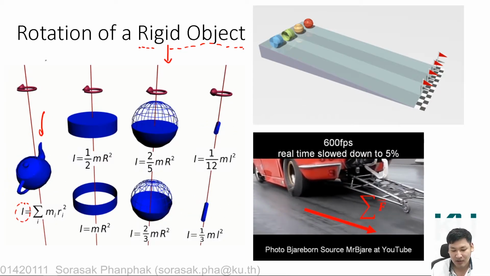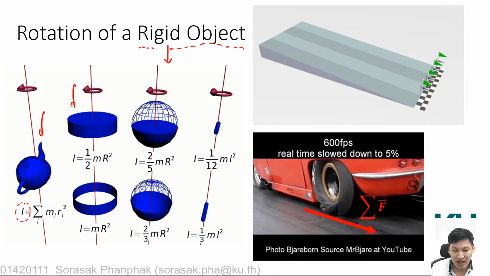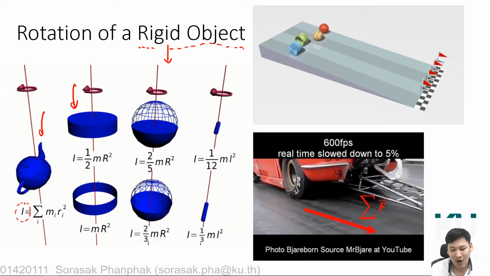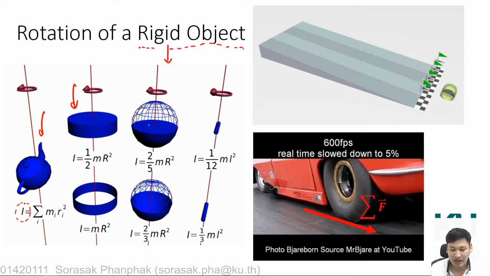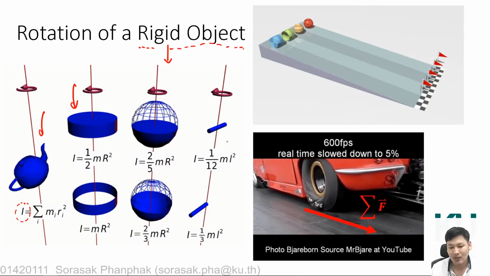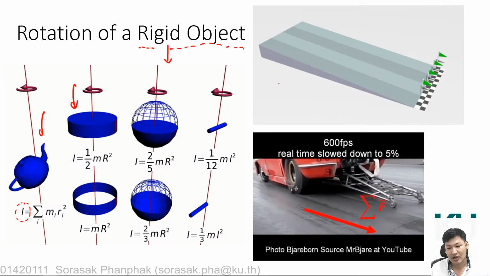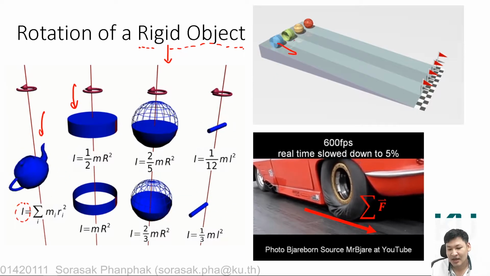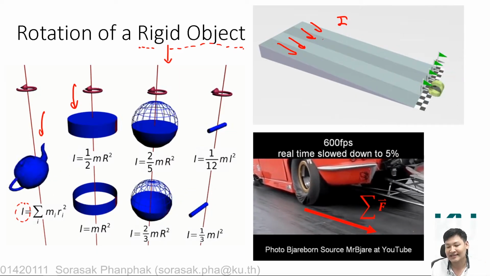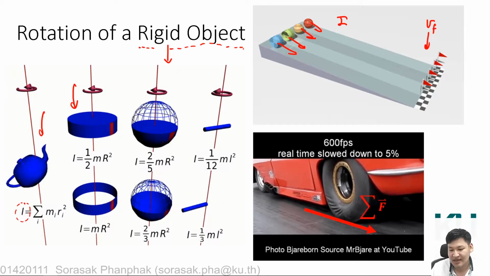This is not only the teapot, but also any other geometrical shape, for example a disk or a ring, or maybe a solid sphere, or a hollow sphere like this one, or even a rod. If you try rolling these objects down a slope, the influence of the moment of inertia, the thing that resists the object's rotation, affects the terminal velocities of these objects.